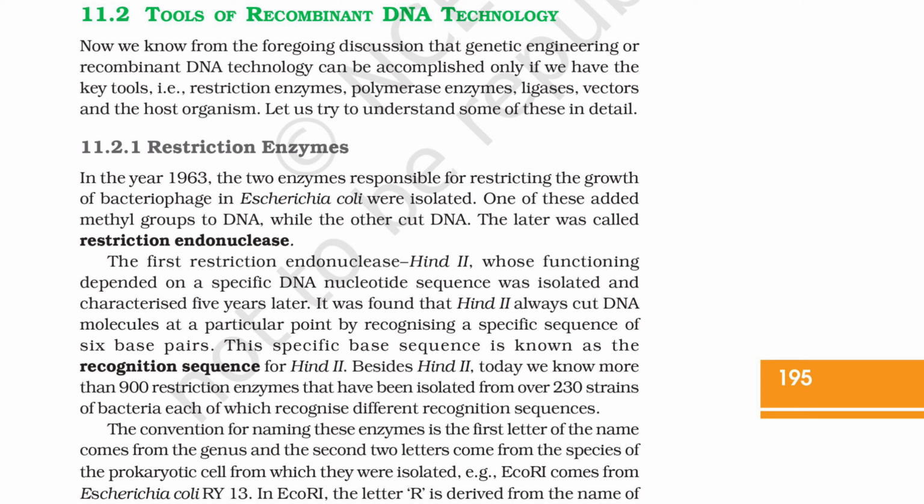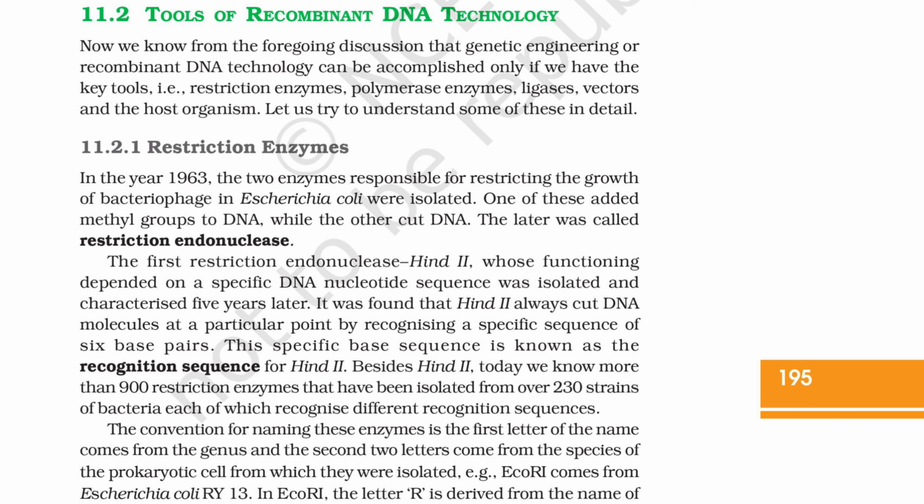The first restriction endonuclease, Hind II, whose functioning depended on a specific DNA nucleotide sequence, was isolated and characterized 5 years later. It was found that Hind II always cut DNA molecules at a particular point by recognizing a specific sequence of 6 base pairs. This specific base sequence is known as the recognition sequence for Hind II.